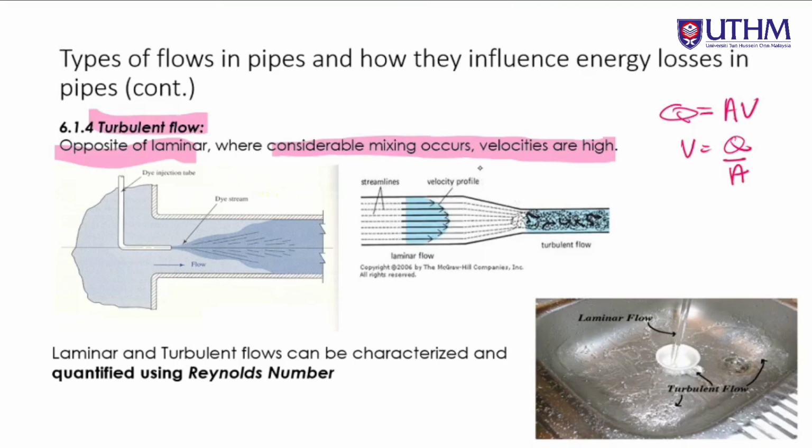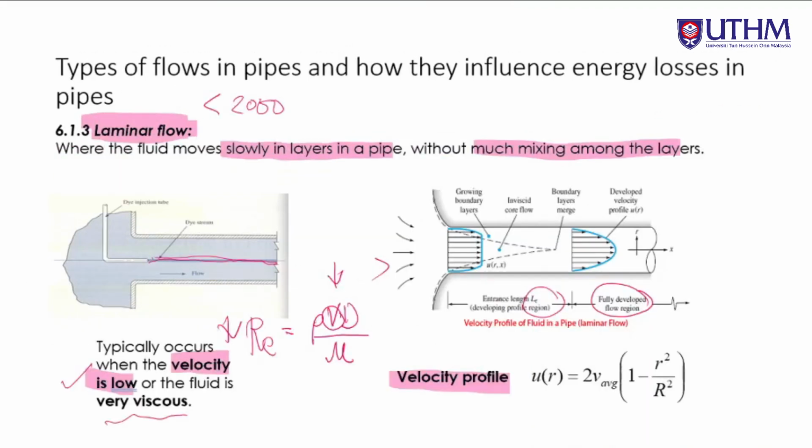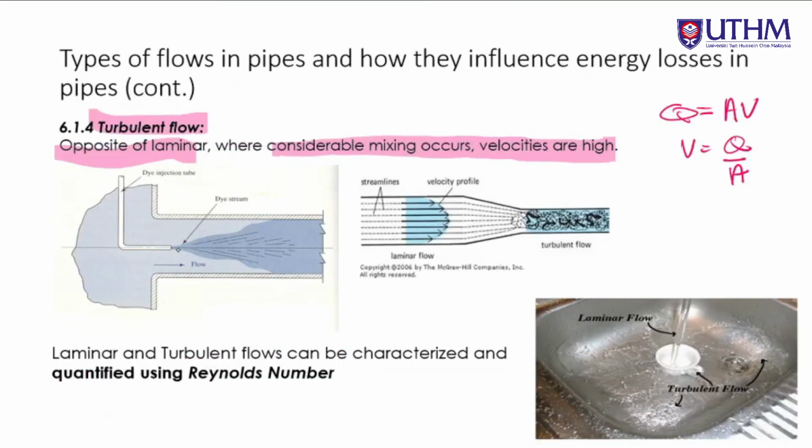Okay, so kalau tengok contoh dekat sini, and yang ni contoh tadi kan, the streamline of the flow dye stream is stable, dia cantik je. Tapi for turbulent, kita dapat lihat macam mana bentuk dia, and very disorganized. And this is what you call as a turbulent flow, in which velocity dia tinggi.